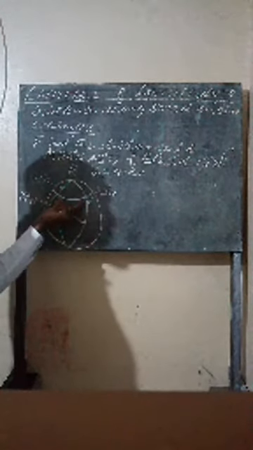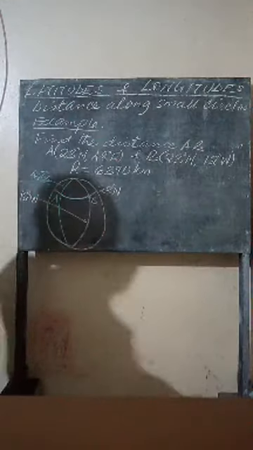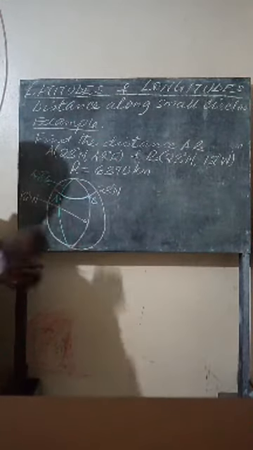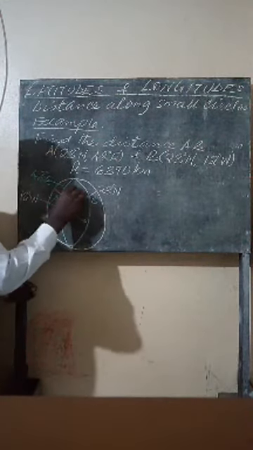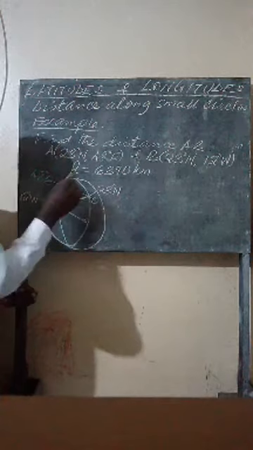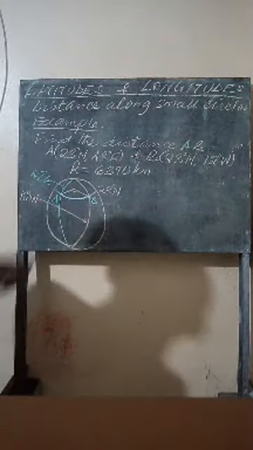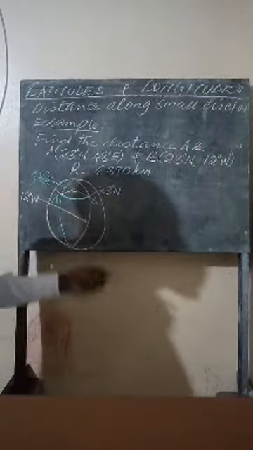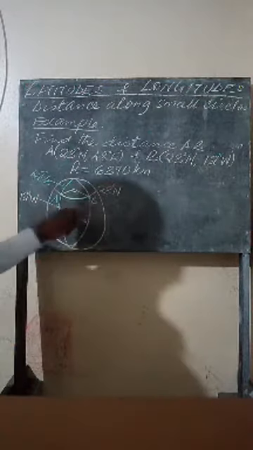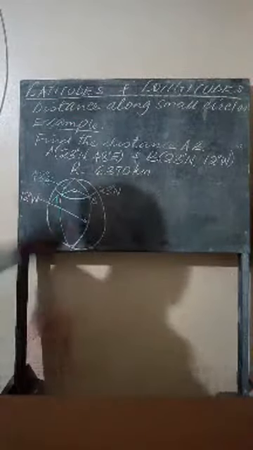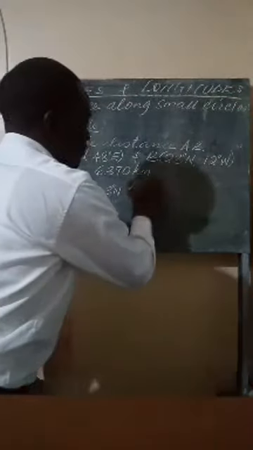So the first question will be, what is the angle that this arc AB subtends at the center of the small circle? In our previous discussion, that is the angle that we called the longitude difference. From this longitude to this longitude, how many degrees are there?